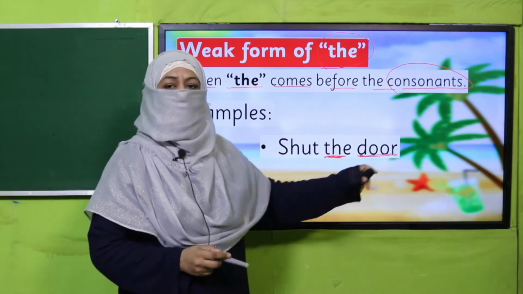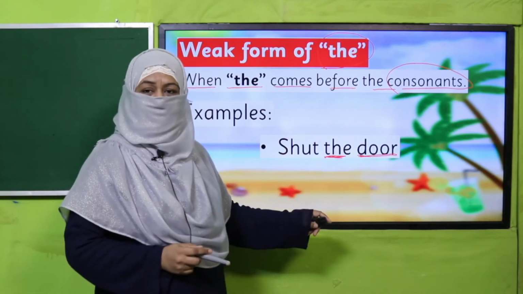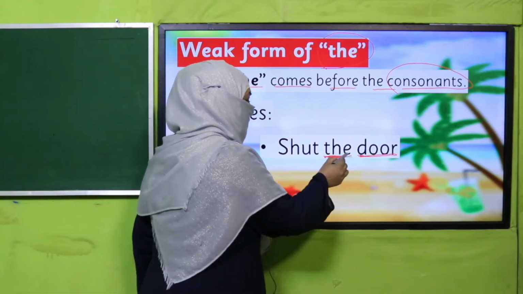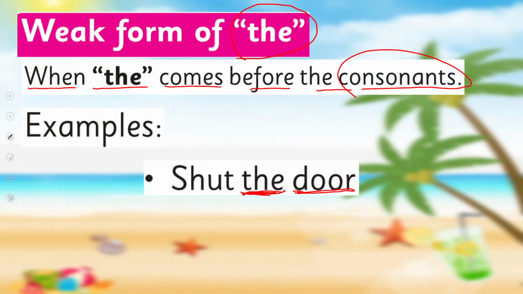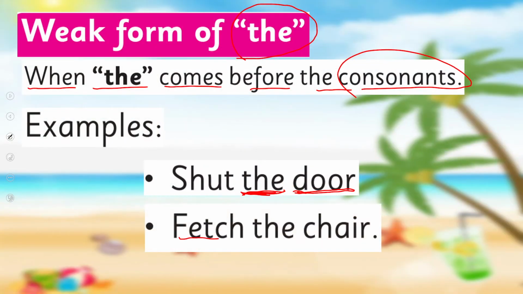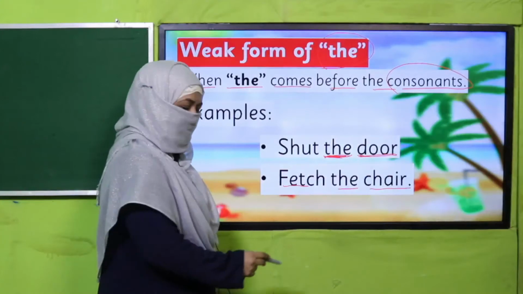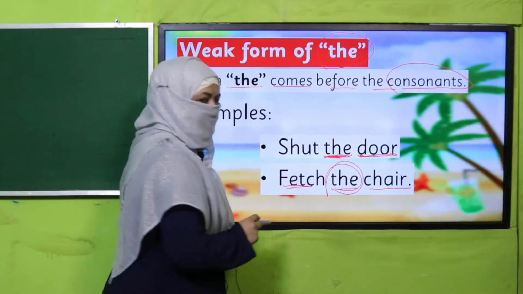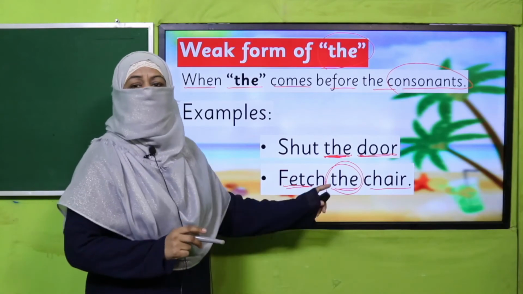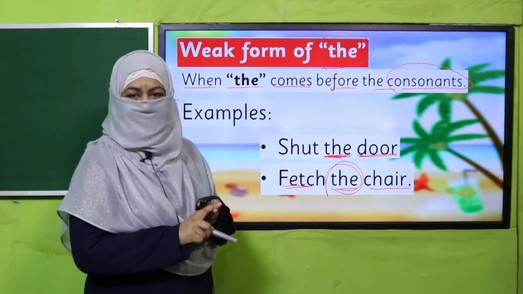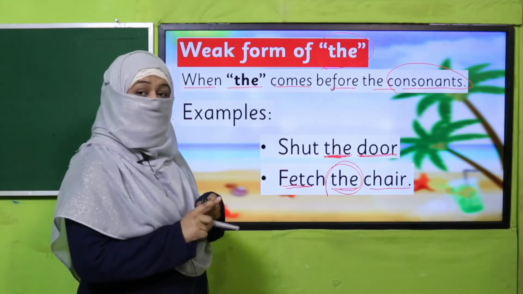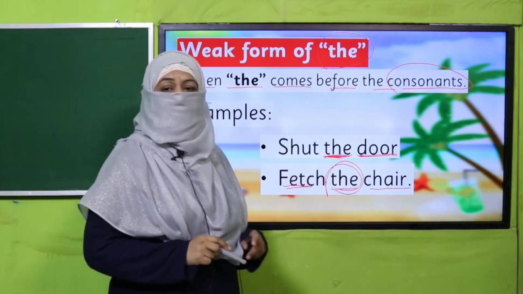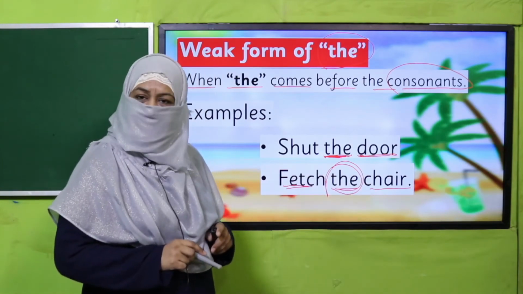Shut the door. Shut the door. Okay. And it is the weak form of the. Okay. Fetch the chair. Fetch the chair. Now, do you understand? "Thuh" is the weak form of the. All right. And we use it when the next word is starting with a consonant sound.